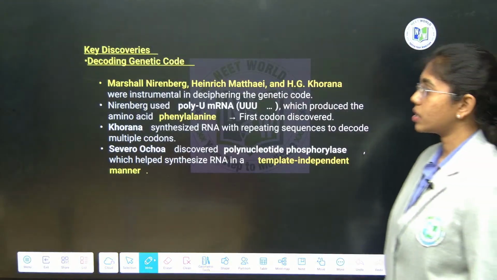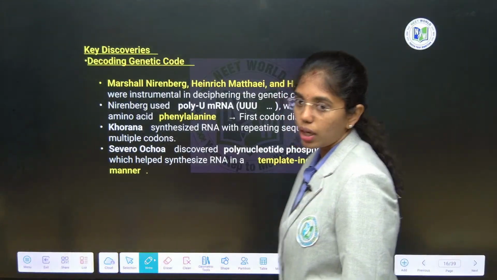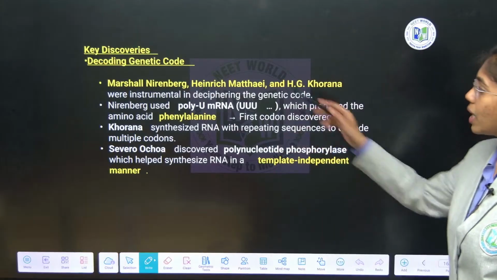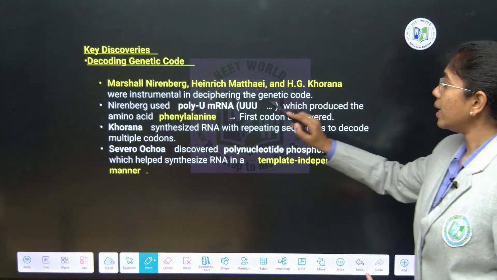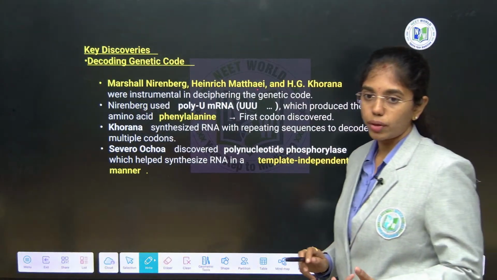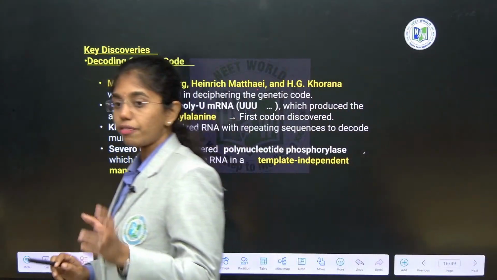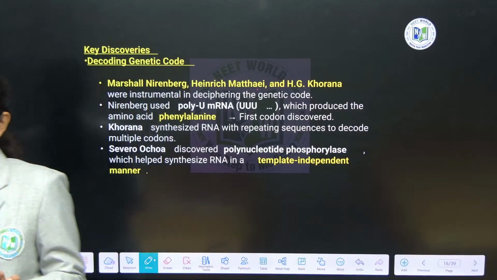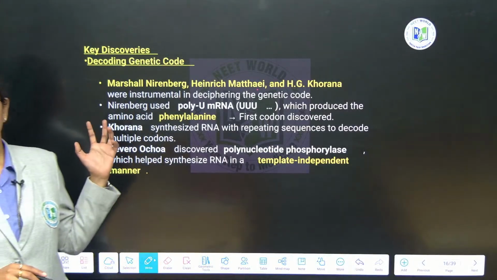What are the key discoveries in decoding the genetic code? It was 3 scientists, Marshall Nirenberg, Matthaei and H.G. Khorana. They deciphered the genetic code. They cleared up whether the genetic code proposed by George Gamow is true or not.